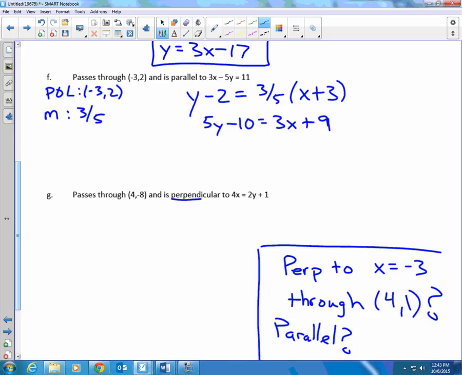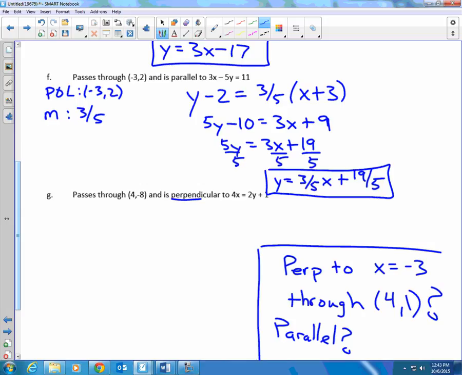So now I don't have any fractions. You're going to get fractions at the end, but that way you won't have to find common denominators or anything. So now what do I do? 3x plus 19. Now divide by 5. y equals 3/5 x plus 19/5. So that way, if you don't like the fraction, you can multiply through and get rid of it and deal with it at the end. You do what you want, free country.